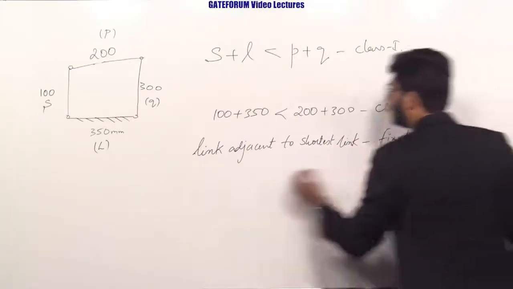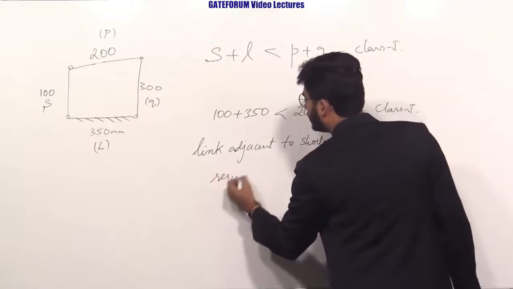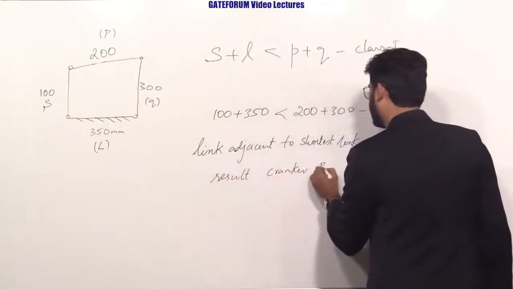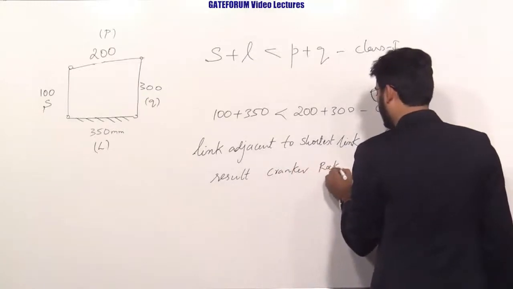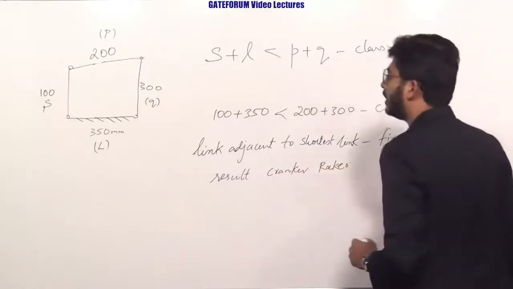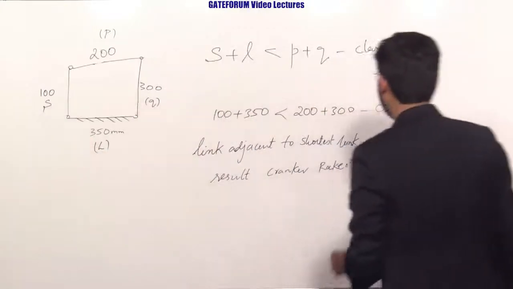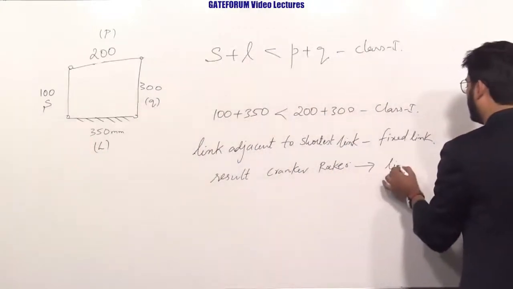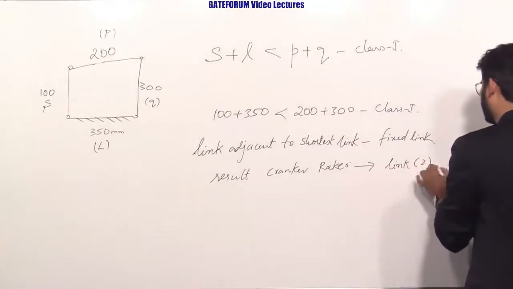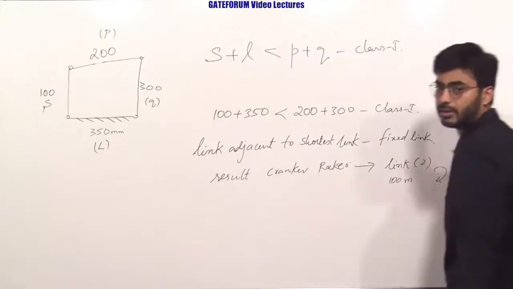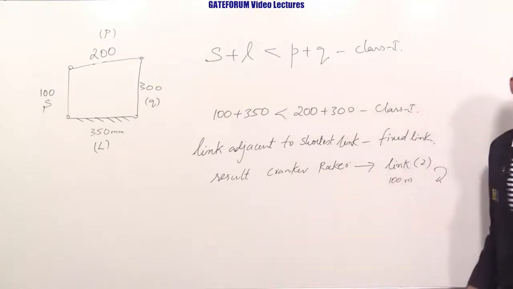The result will be a crank rocker mechanism. So in a crank rocker mechanism, you will have only one rotating link. Link 2, that is the 100 mm link, will be undergoing 360 degree rotation. Okay, this is the end of the answer.